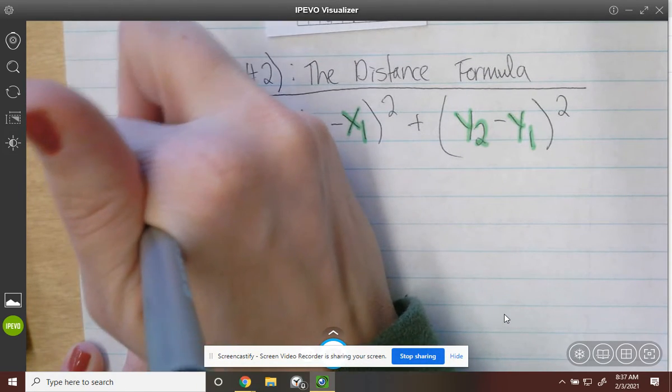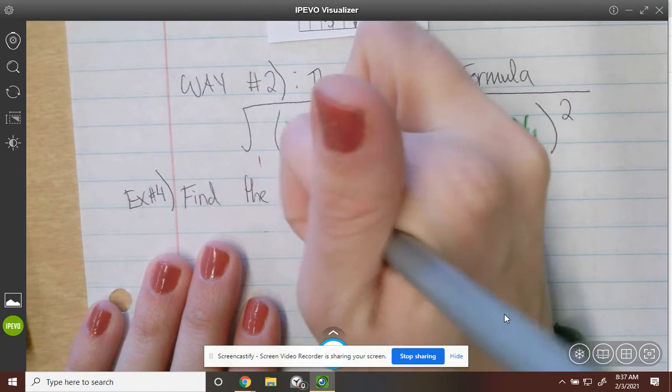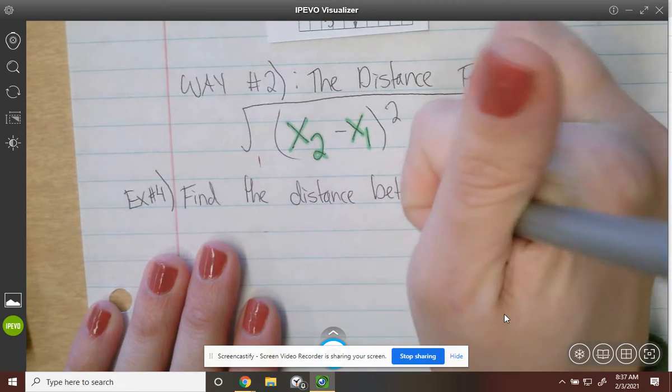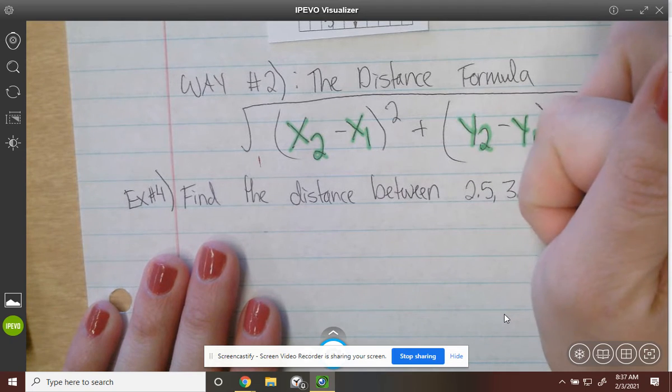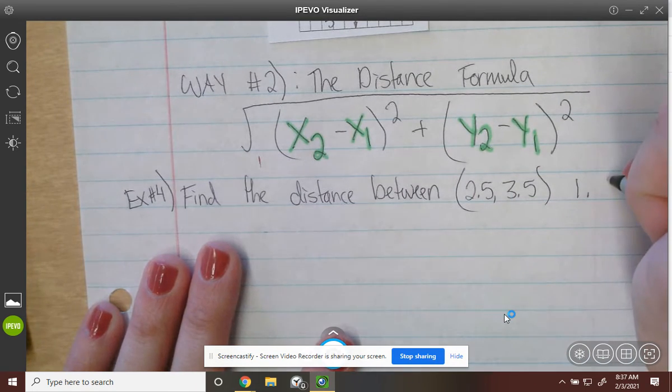I'm all over the place today. Find the distance between 2.5, 3.5, and 1.5, 4.5.